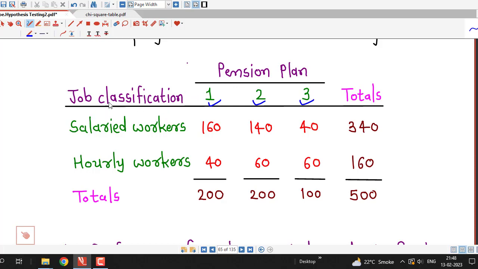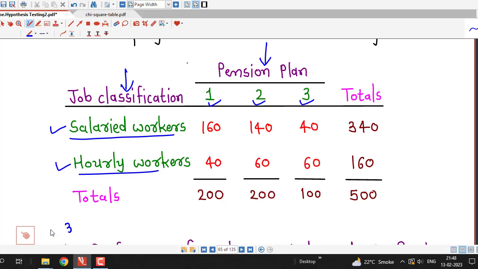Another variable is job classification, and for this variable there are 2 categories: salaried workers is the first classification and hourly workers is the second. So there are 2 categories for job classification and 3 categories for pension plan.